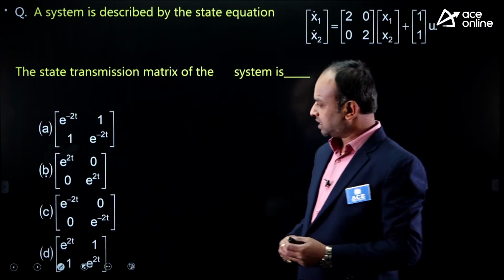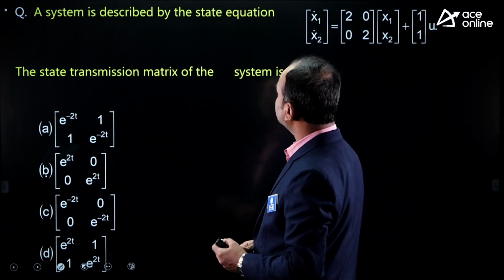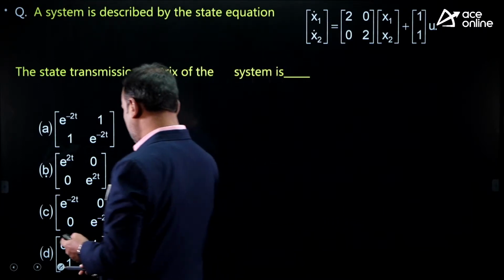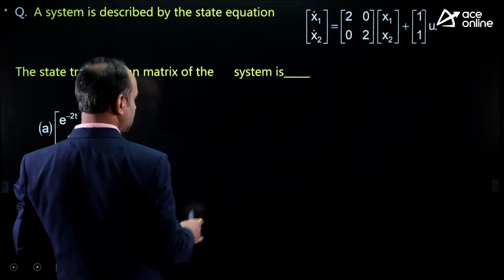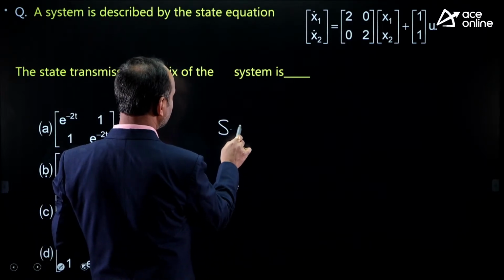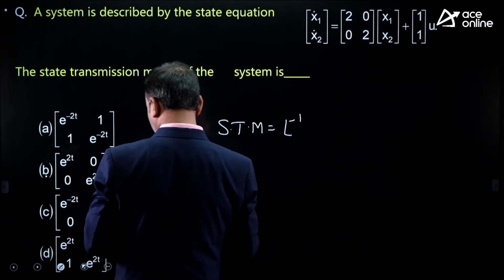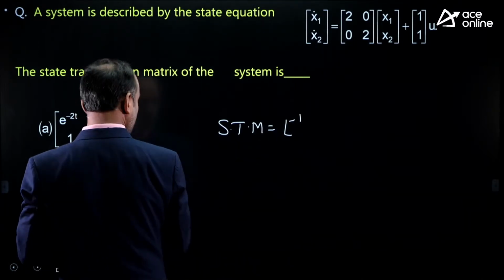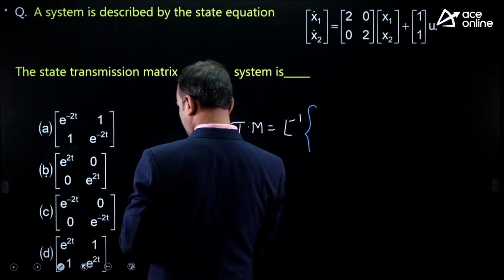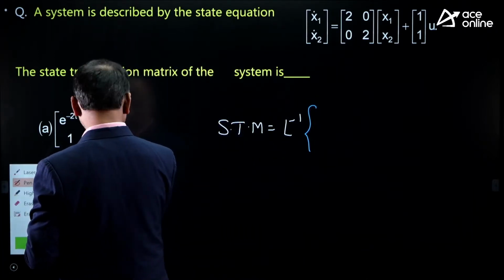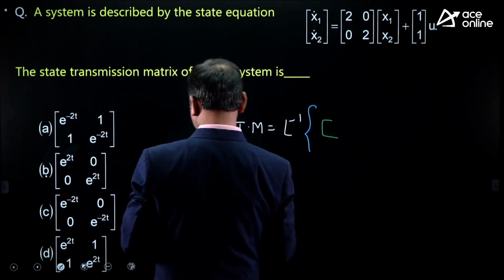Okay, a system is given like this and it is asking for the state transition matrix. I am writing the state transition matrix formula, simple. It is L inverse of, and after L inverse we have to write (sI minus A) inverse.